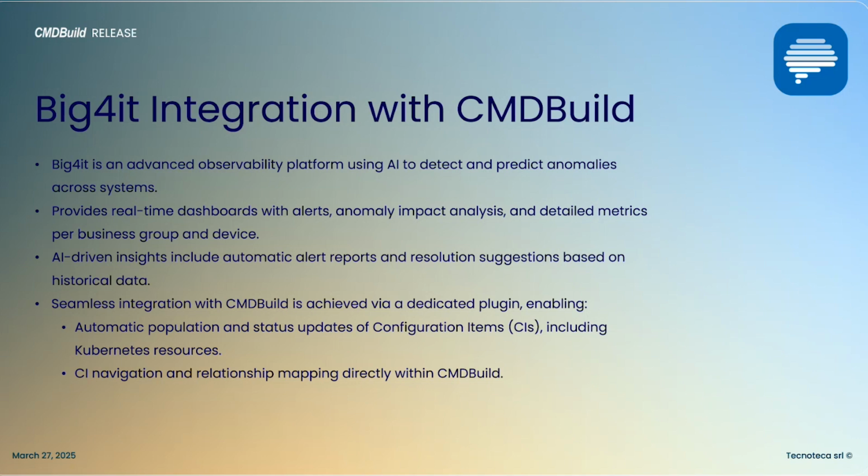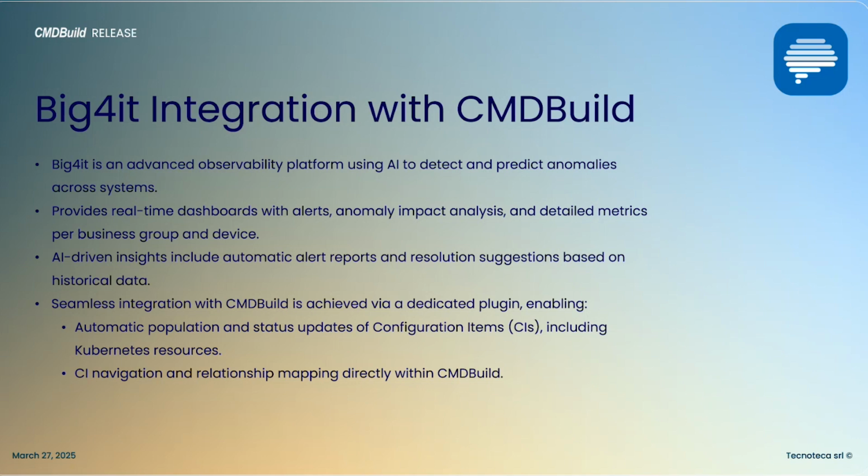This allows organizations to quickly identify and address critical events before they escalate. Leveraging AI-driven analytics, Big4IT generates automatic alert reports and suggests a resolution strategy based on historical patterns. This proactive approach reduces downtime and improves the overall system reliability.